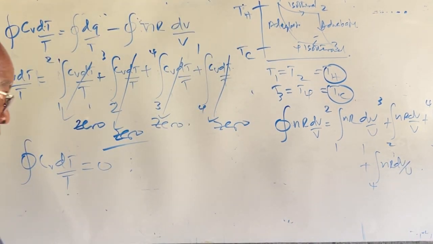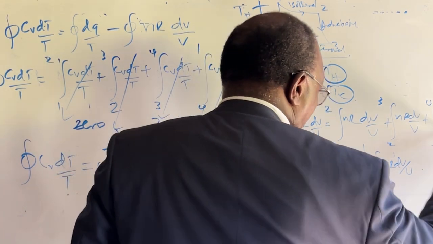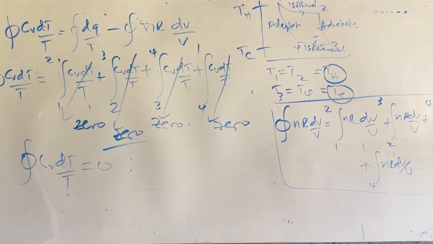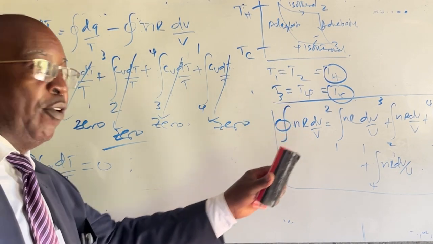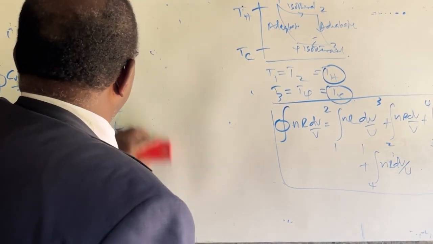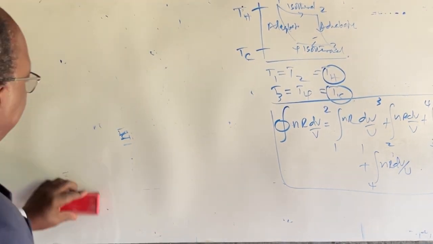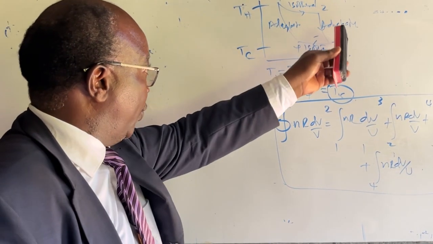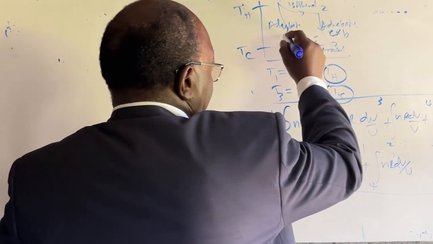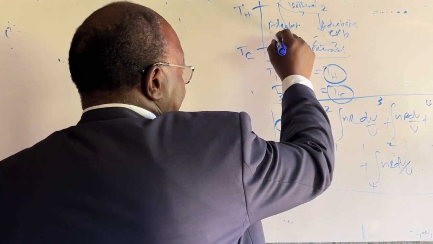Now, if you go back to our earlier lectures on adiabatic reversible work, we saw the relationship between volume and temperature for an adiabatic process. The adiabatic processes are the process from 2 to 3, that's adiabatic expansion, and 4 to 1, adiabatic compression.